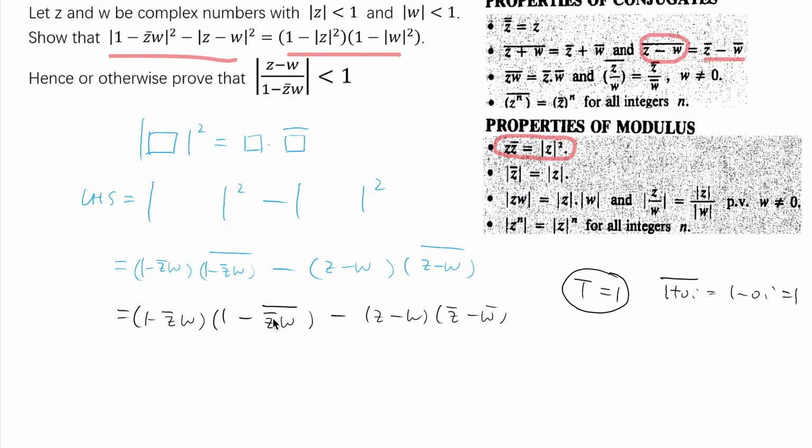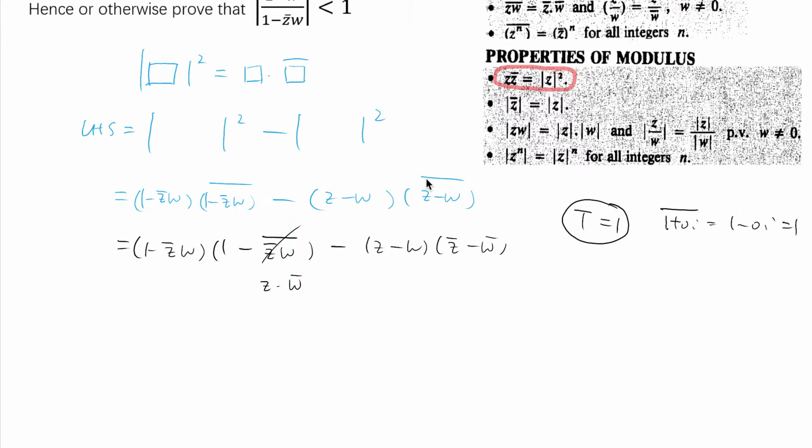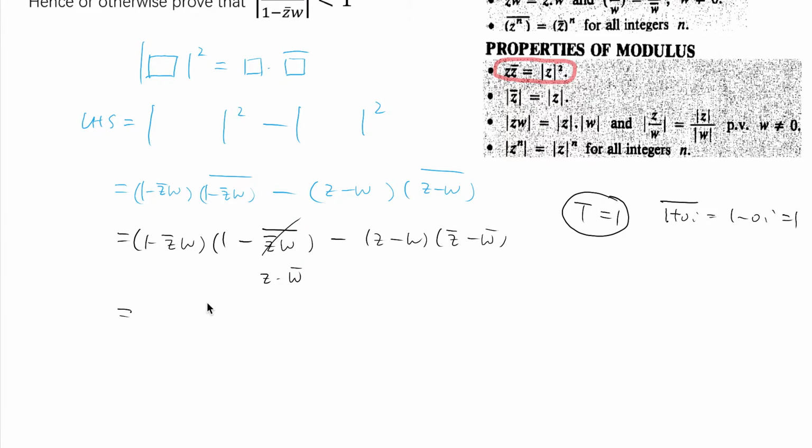And then let's have a look at this part. So double conjugate becomes itself. So this will just become z multiplied by w conjugate. And then we'll just multiply the terms out. So we have 1 minus z conjugate w minus z w conjugate plus z conjugate w conjugate w, and then minus z multiplied by z conjugate, plus z w conjugate plus w z conjugate, and then minus w w conjugate.